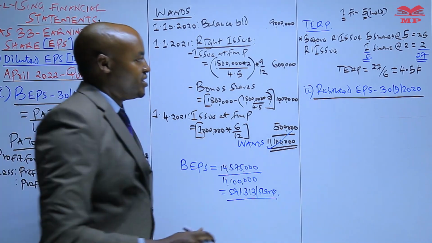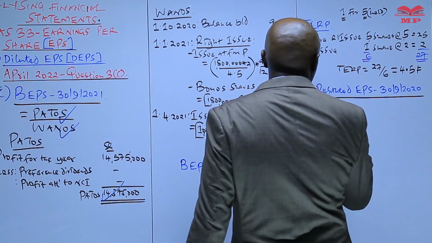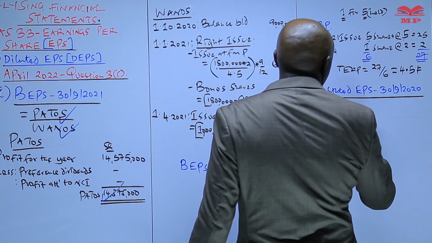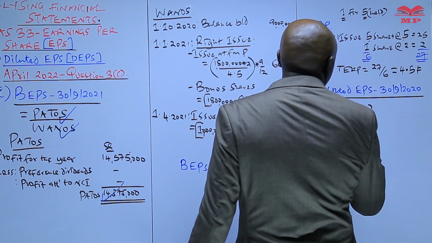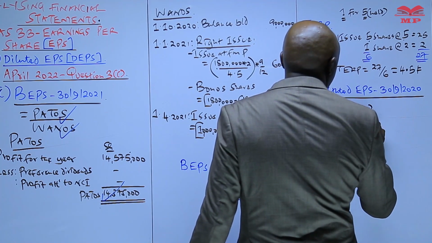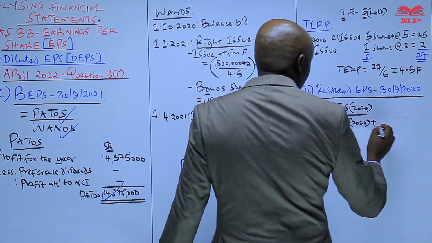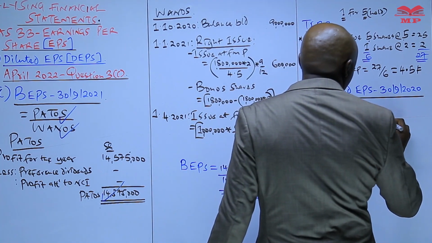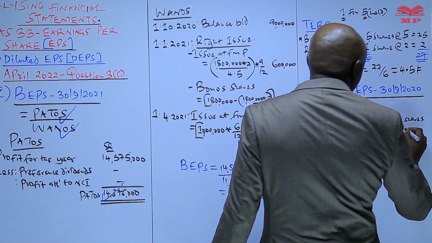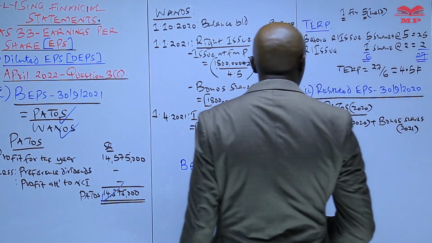So in terms of how we compute this restated earnings per share, we take the PATOS for this year, which is 2020, divide that with the one-offs for 2020, and then to the one-offs, what do you do? You add the bonus shares which were issued in the following year, the year 2021.